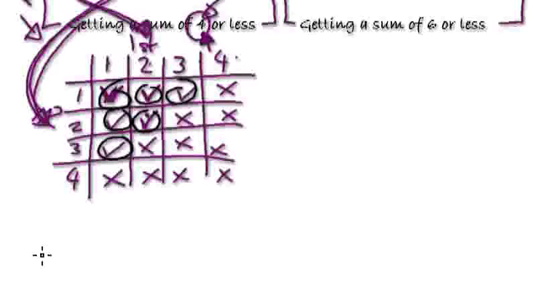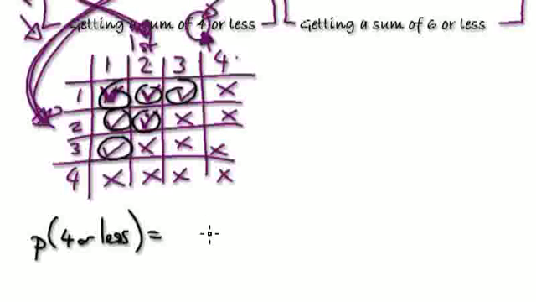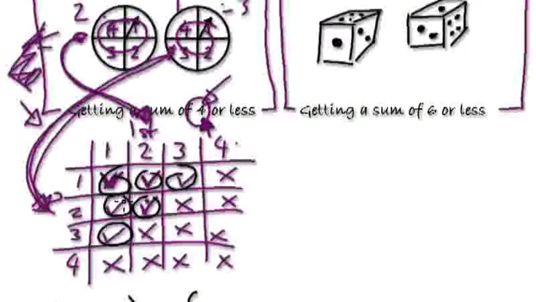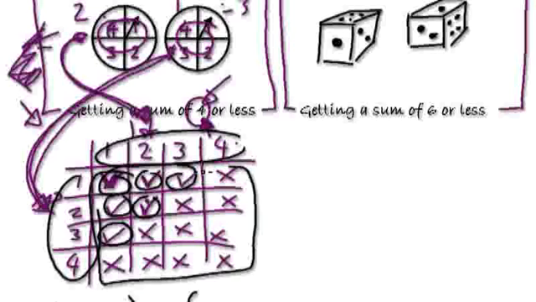Okay, so probability of 4 or less equals 6 out of, well, how many possible outcomes are there? Well, you've got 4 here and 4 here. That makes 16 possible outcomes.